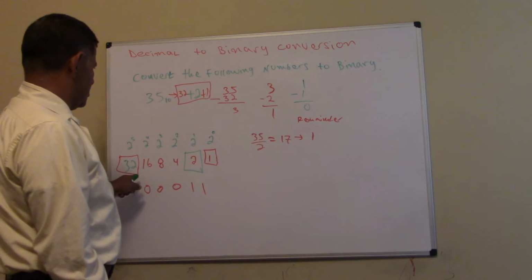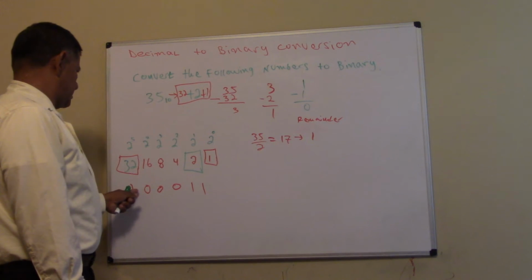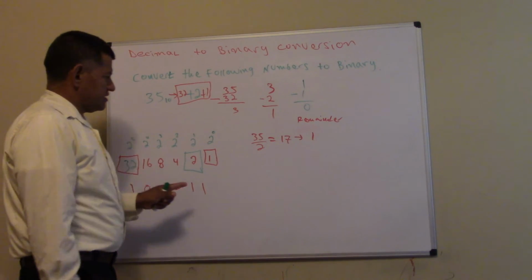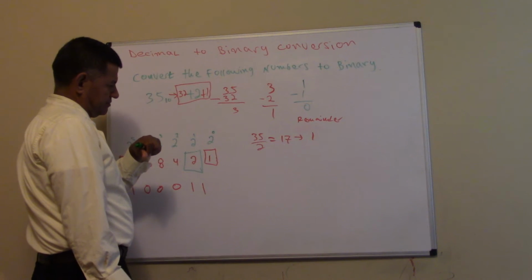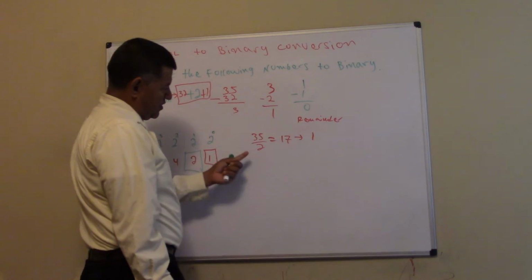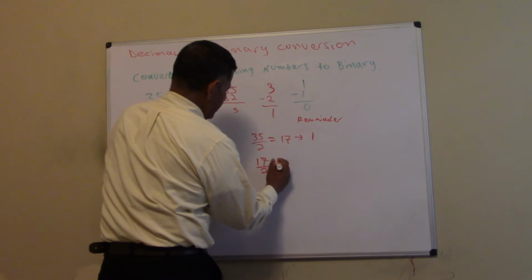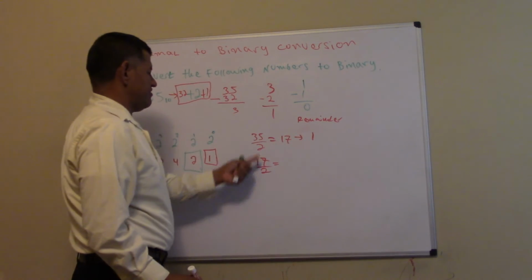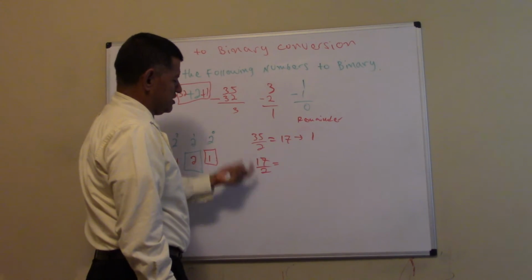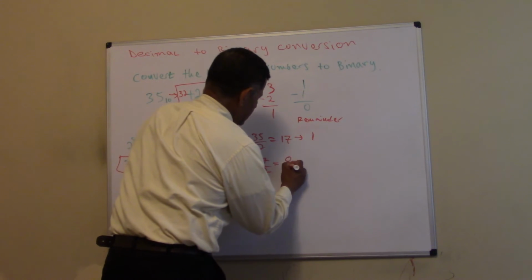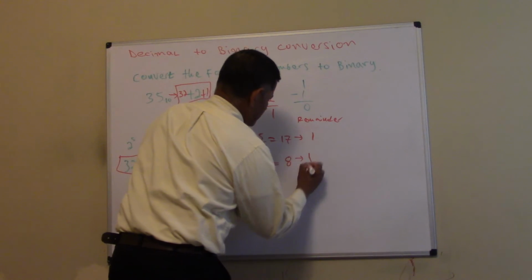Okay, so yeah, that's correct. So in this case, if I have 17 over 2, right? 17 divided by 2 goes 8 times, right? Remainder 1 again, right?